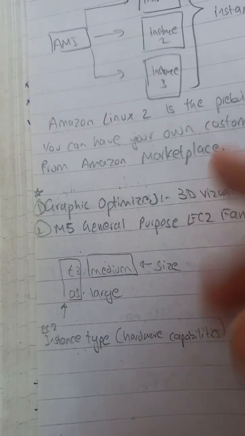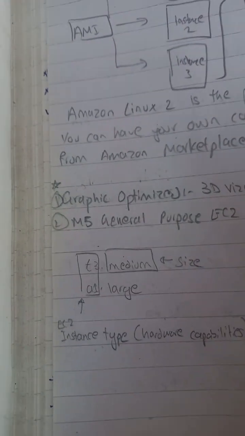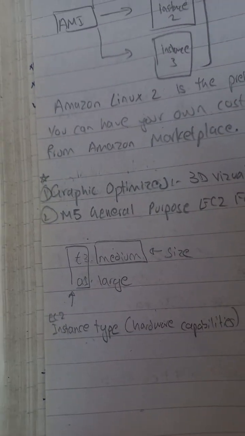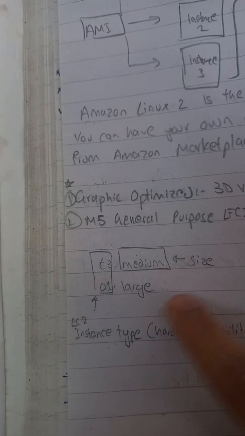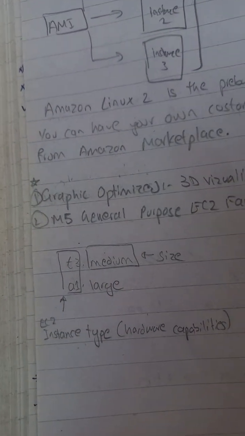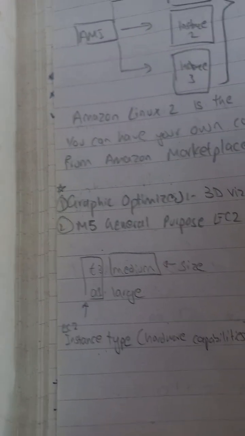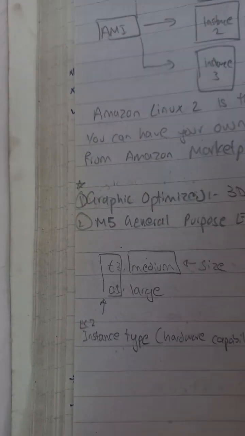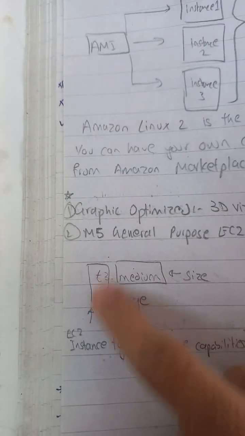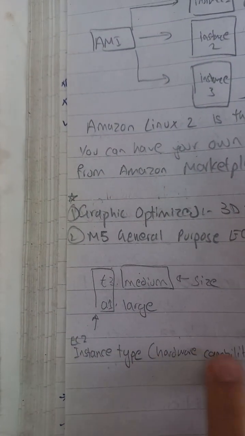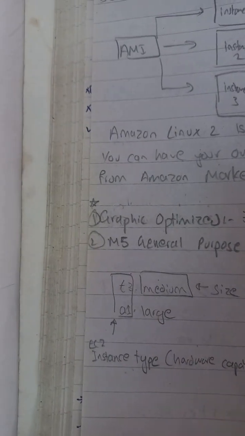Small means fewer resources, maybe like 2 GB or 4 GB RAM, medium would be like 8 or 16 GB RAM, and large could be like 64 GB RAM. This also tells you which instance type it is, what the hardware capabilities are, and of which generation it is.